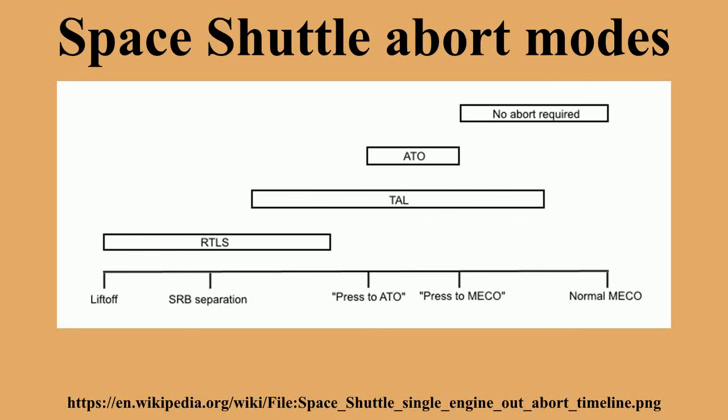The SSMEs would cut off, and the tank would be jettisoned as the orbiter used its RCS to increase separation. Once the orbiter cleared the tank, it would make a normal gliding landing about 25 minutes after liftoff.